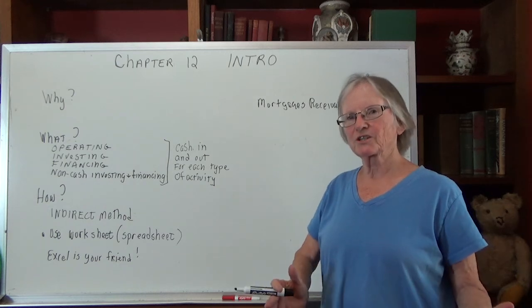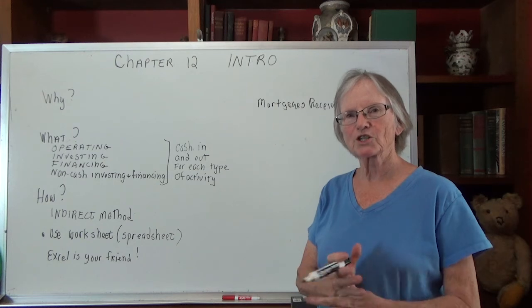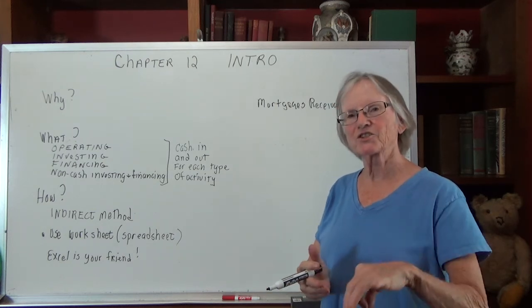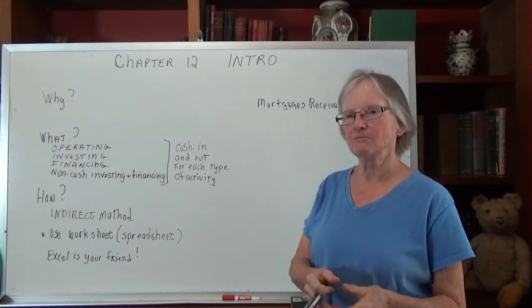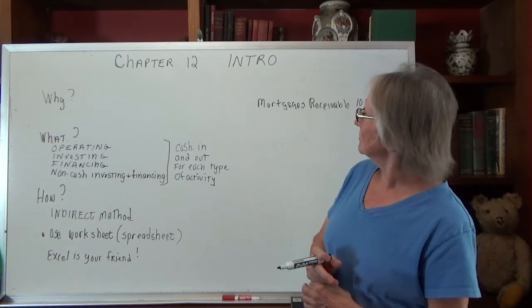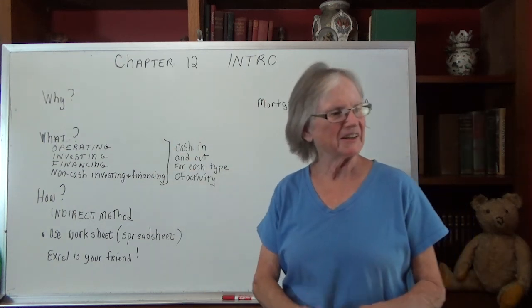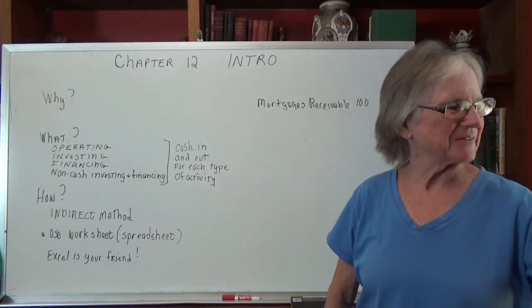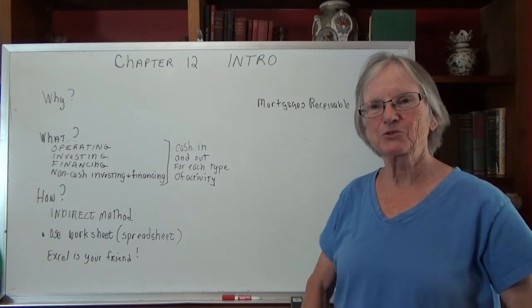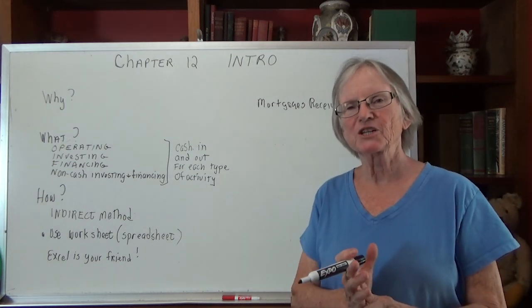I'm not an expert on Excel, but I know enough to save you probably at least half your homework time. If you watch those, they could help. Okay, so this is the why, what, and how. And the next thing we'll get to is how we're going to prepare the statement of cash flows.